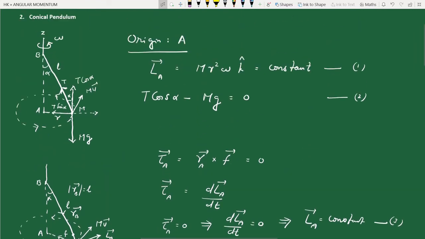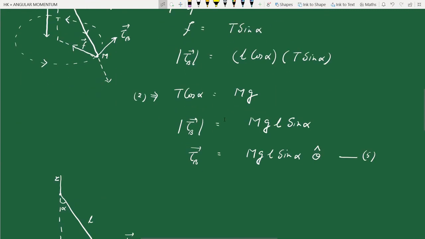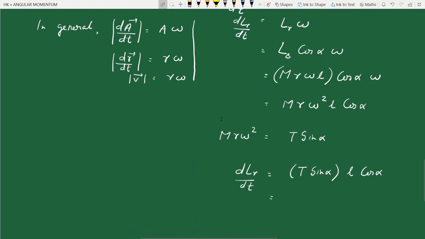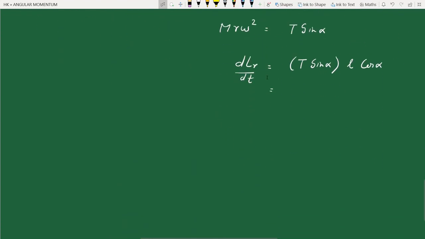In equation 2, instead of T cos alpha, I can substitute mg. We have used it before also here. T cos alpha, we have substituted as mg. So here also, let us take this T and this cos alpha from here, and substitute mg. So this we can rewrite as mgl sin alpha.